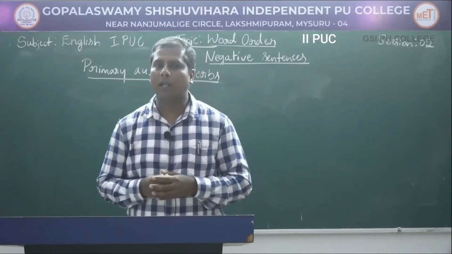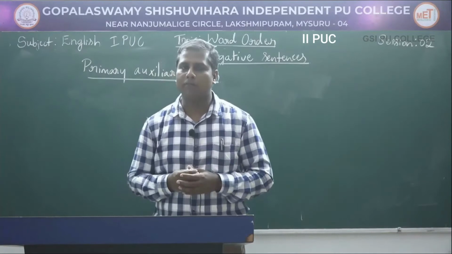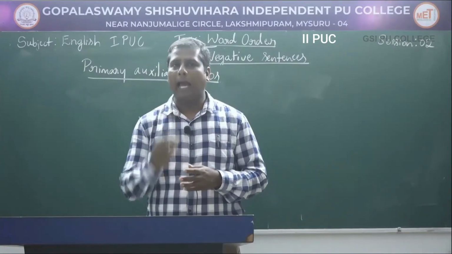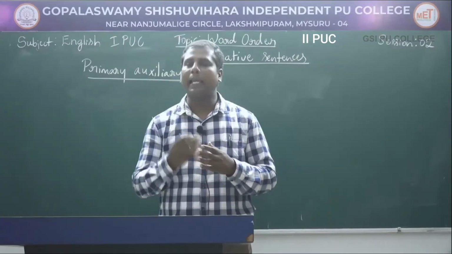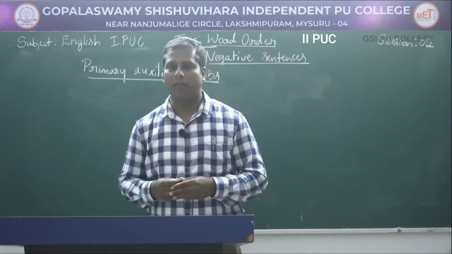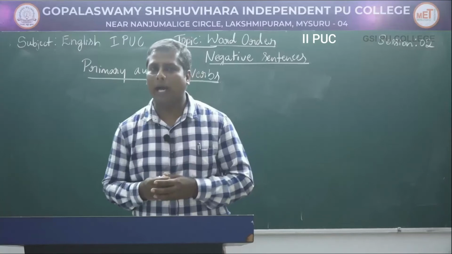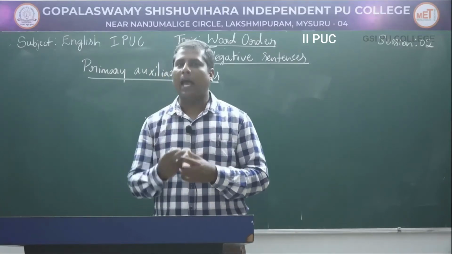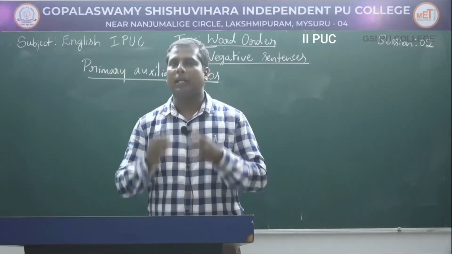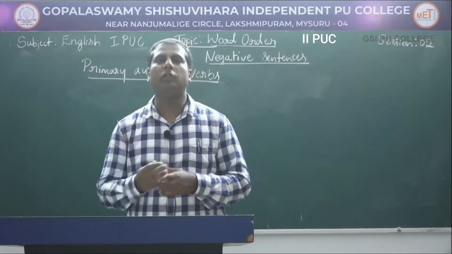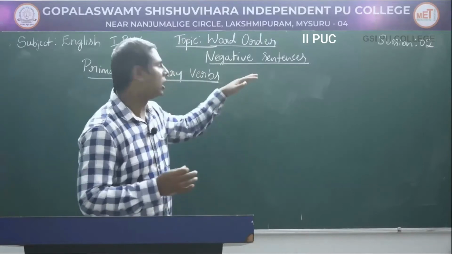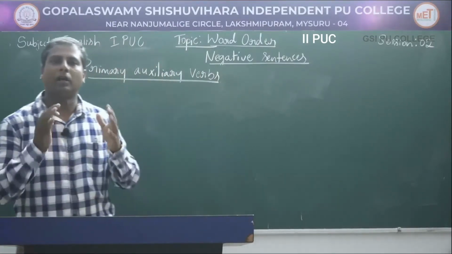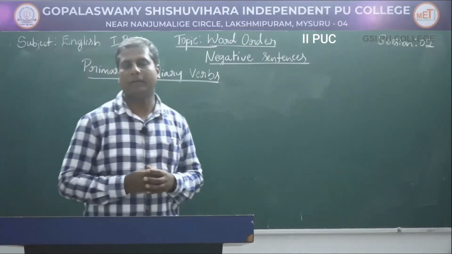The primary auxiliary verbs come under the forms of be, have and do. Under be, you have am, is, are, was and were. Under have, you have has and had. Under do, you have do, does and did.